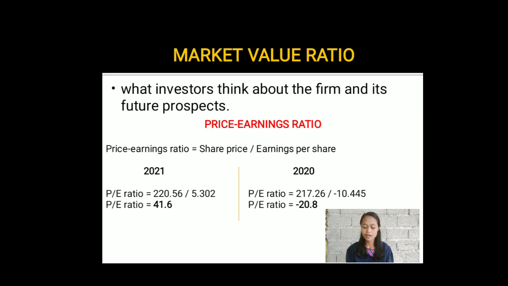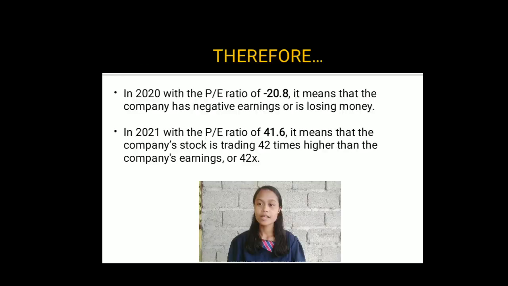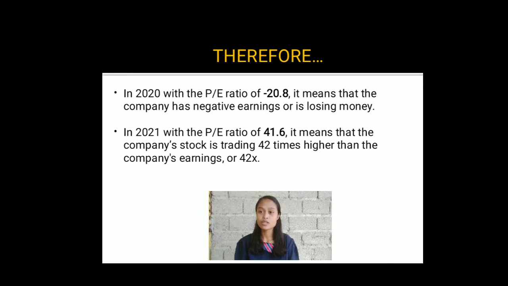On the other hand, in 2021, the price-earnings ratio is 41.6. In 2020, with a PE ratio of negative 20.8, it means that the company has negative earnings or is losing money. In 2021, with a price-earnings ratio of 41.6, it means that the company's stock is trading 42 times higher than the company's earnings, or 42 times.